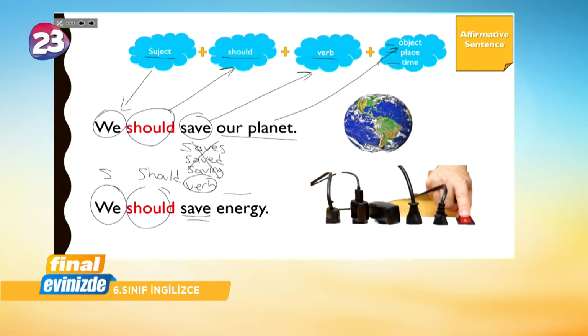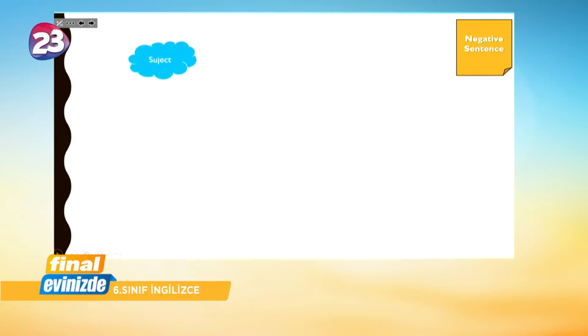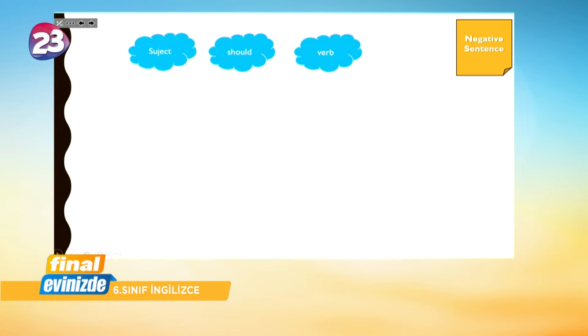Okay, let's carry on. What about negative structure? Actually, the structure is same. We are going to add not. Remember, if you want to change an affirmative sentence into negative sentence, you are going to add what?